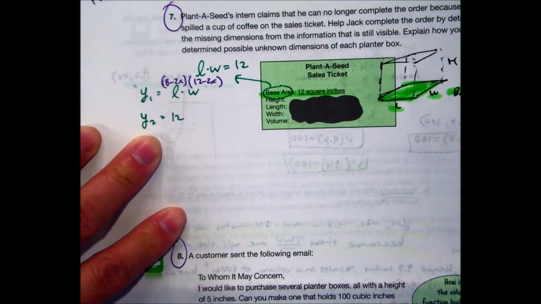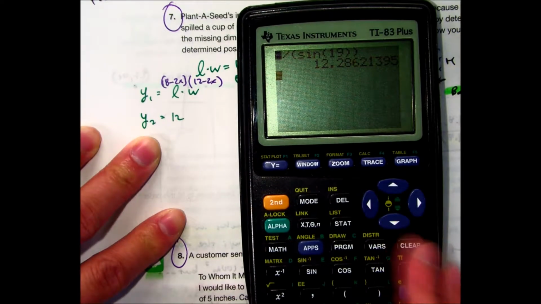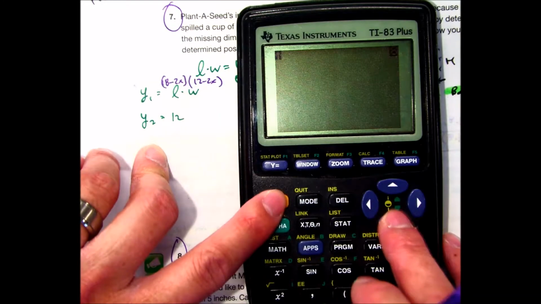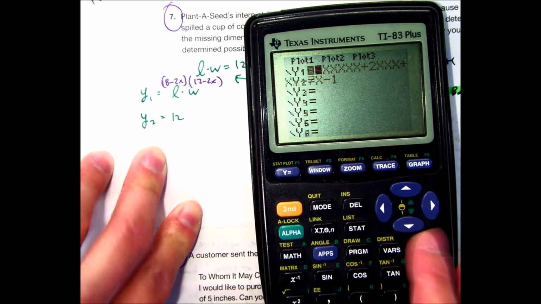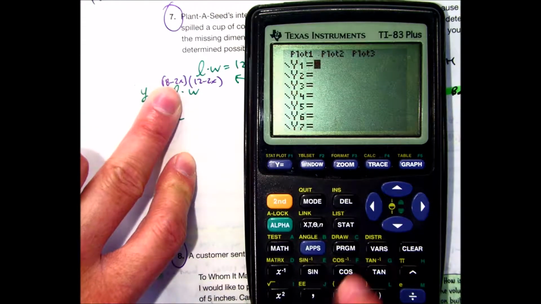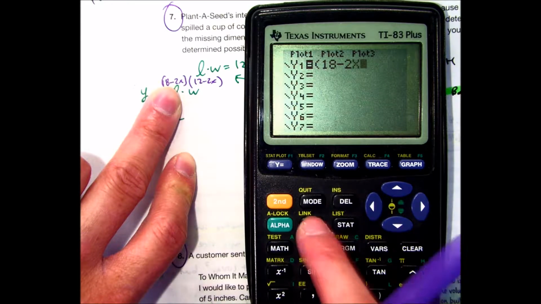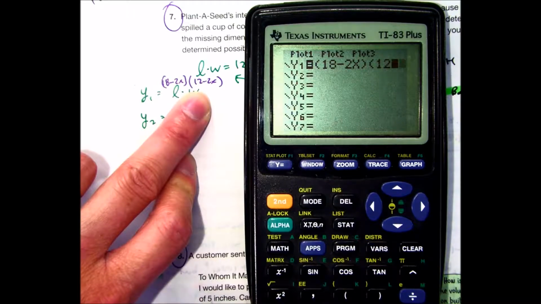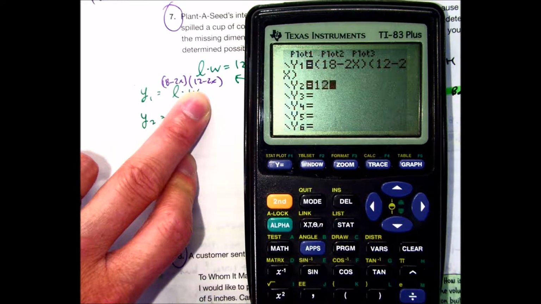So let's get my calculator. My old awesome calculator. Alright, graph at y equals. Put in 18 minus 2x. And 12 minus 2x. I'm going to put in y equals 12.